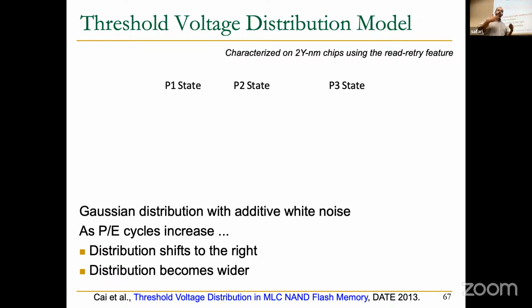We used the Gaussian model, a Gaussian distribution with additive white noise, to predict how the threshold voltage is changing. But later in this lecture, we will see that we realized the Gaussian model is not enough, and we have to use a more accurate distribution.